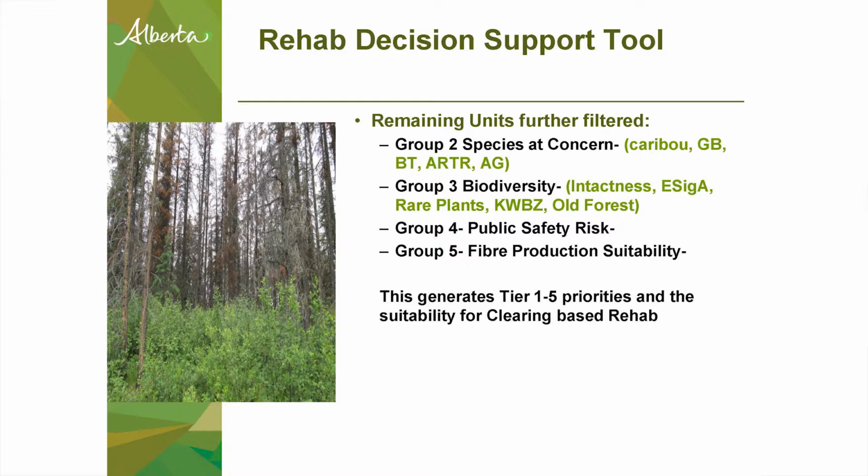And then as far as fiber production, fiber production being for community stability and carbon sequestration, clean water, etc. You don't want to do your rehab in a poor site, for example, because clearly you're not going to create fiber for future generations.